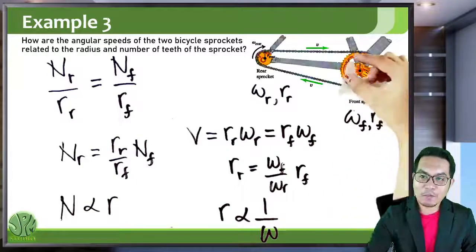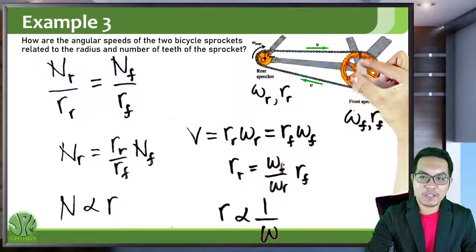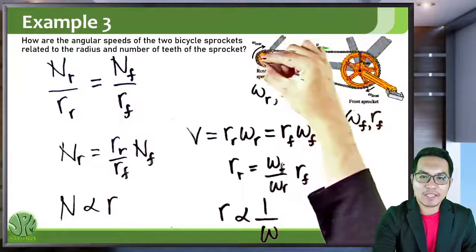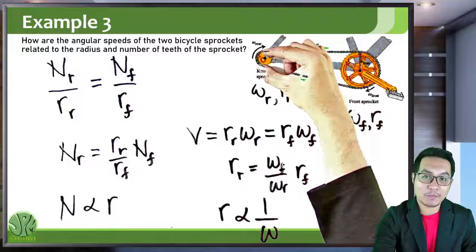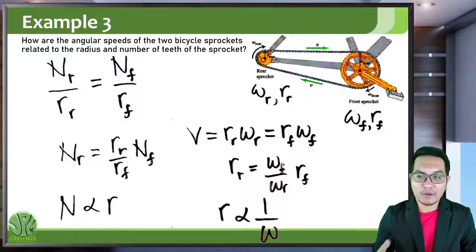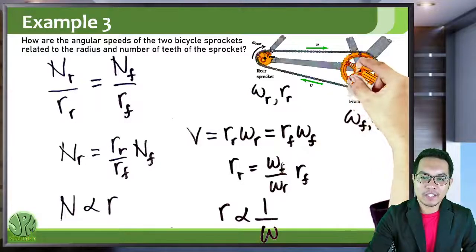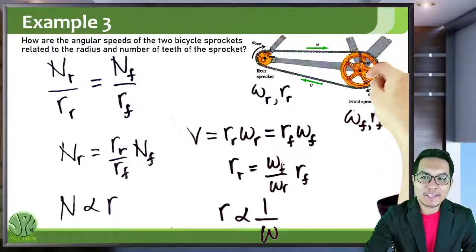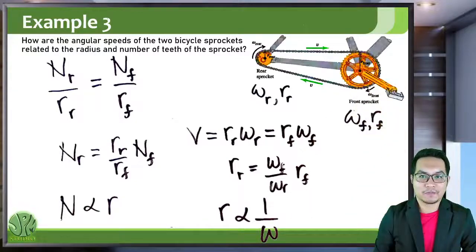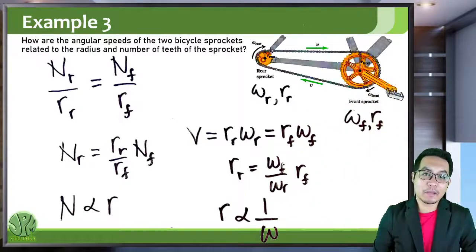For a mountain bike, you can make the radius of the front sprocket smaller, and you can make the radius of the rear sprocket larger. You use that configuration whenever you go uphill or downhill. When you go uphill, since the front sprocket has a smaller radius, it will rotate at a faster angular velocity. And when you go downhill, the same thing.